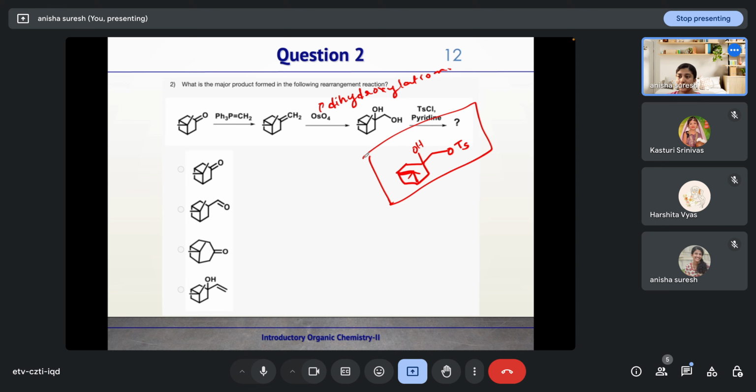Any idea? C. Yeah, C will be the right answer.